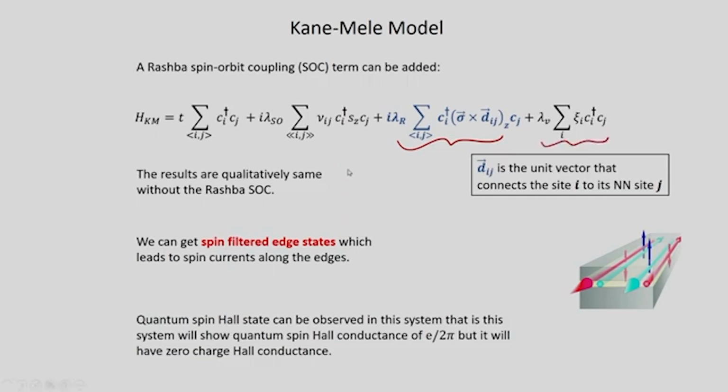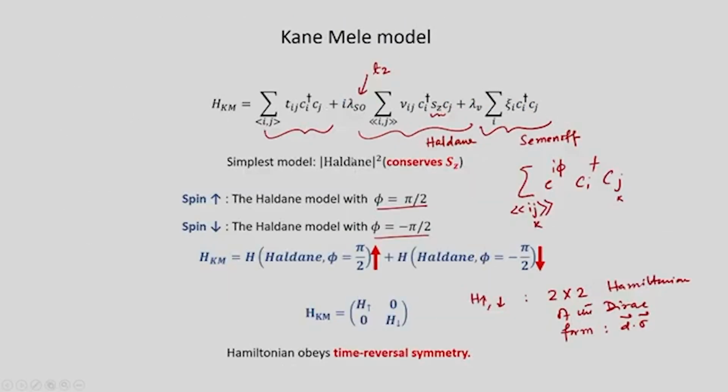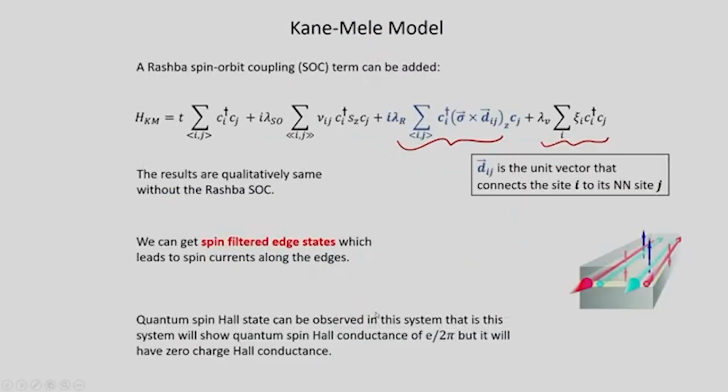Now this creates an additional complication, which is what we have seen here. The Hamiltonian no longer remains block diagonal, as you can see here. There are off diagonal elements in this 4 by 4 Hamiltonian, and it does not have the block structure that you see here. Now how do I get this term, and how this comes into the picture, is what we will see.